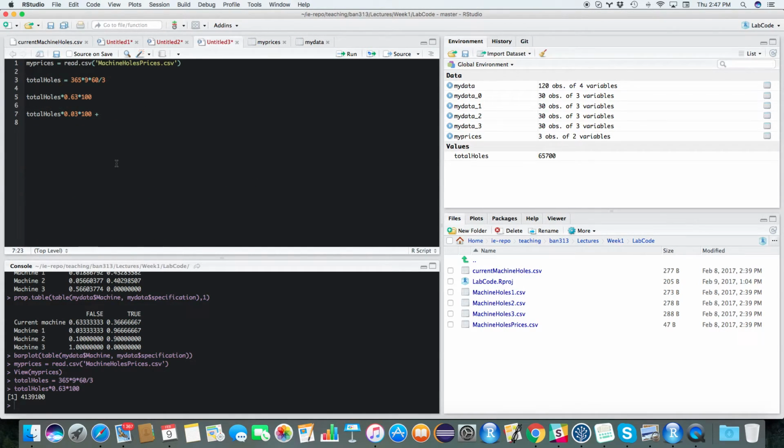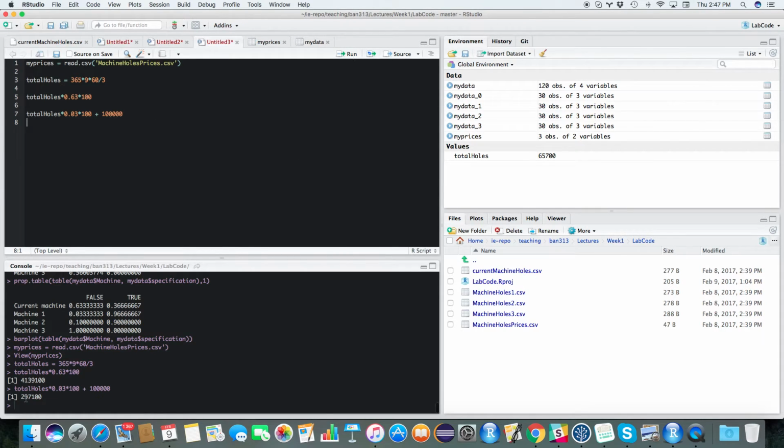So now we just need to add 100,000. Let's execute that, and we'll see that machine will cost us 297,100 Rand. So we can stick with the current machine for another year, and it will cost us about 4 million Rand, or we can buy a new machine for 100,000 Rand, and then the total cost will be 297,000 Rand. So there's quite a big saving between those two.